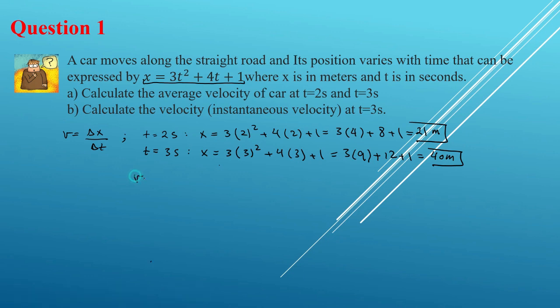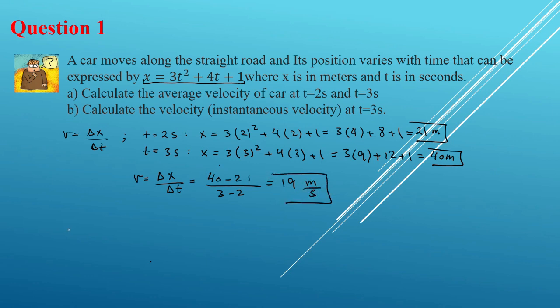So now my v is equal to delta x over delta t, which is equal to 40 minus 21, over 3 minus 2, that is equal to 19 meters per second, right?